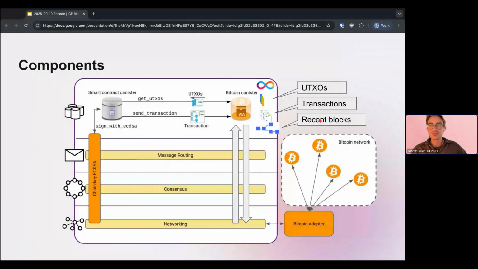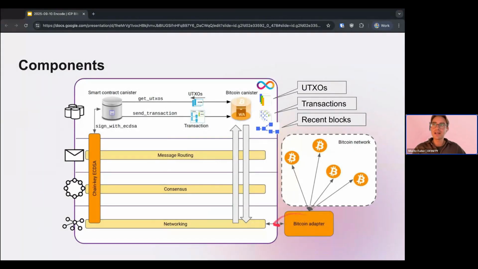The other component is sitting down here, as you can see, very low in the stack, right? This is basically the application layer, so to say, and this is very low in the stack, which is the networking layer, and the Bitcoin adapter sits at the networking layer. And what does this adapter do? It connects to nodes that are part of the Bitcoin network, much like a regular Bitcoin node would do.